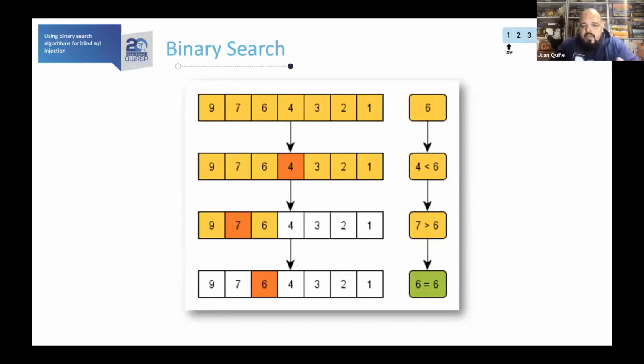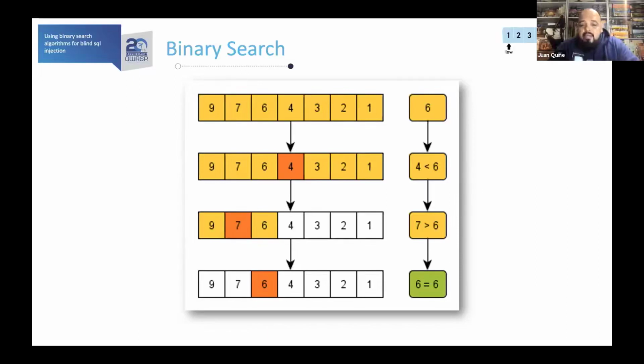And the binary search goes like this. You have an ordered list of items you want to search. In the first step, we go to the middle one, and we ask whether it's greater than or lower than the value we want.